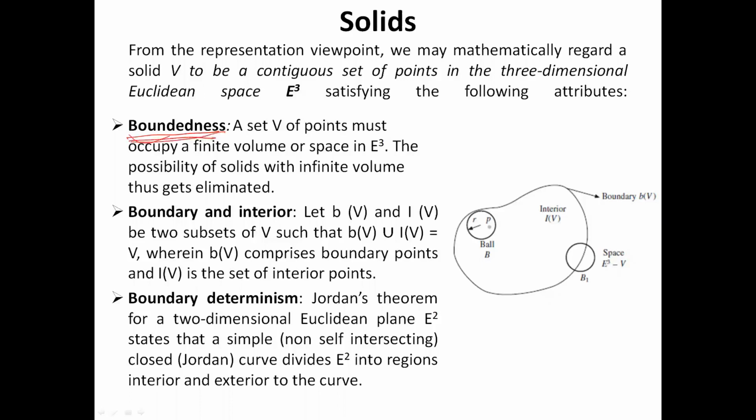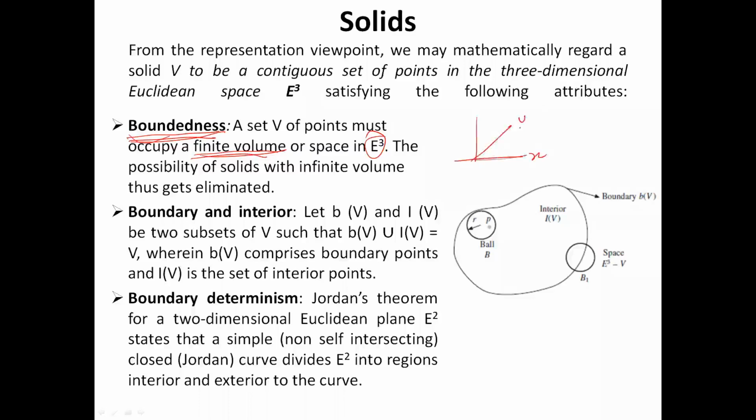Boundedness here means that any point representing the solid geometry or solid boundary should lie within a finite space. The finite space is defined as a space within three-dimensional Euclidean space, that is, the space will be defined in terms of these axes.